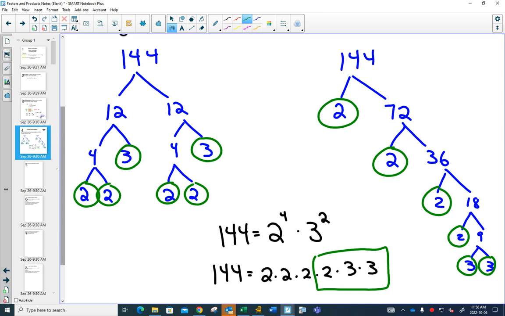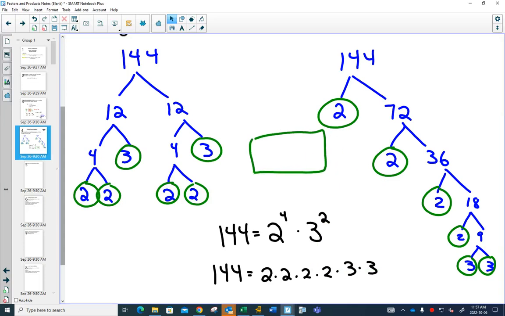Do you see how the answer is there? Okay? 144 is equal to 16 times what? There's 16. 16 times 9.